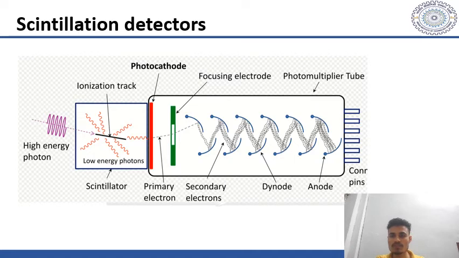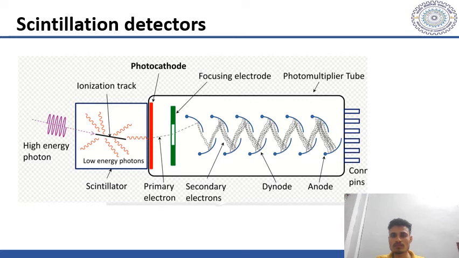It consists of a glass tube containing a photocathode, typically 10 to 12 electrodes called dynodes, and an anode. Electrons emitted by the photocathode are attracted to the first dynode and are accelerated to kinetic energy equal to the potential difference between the photocathode and the first dynode.